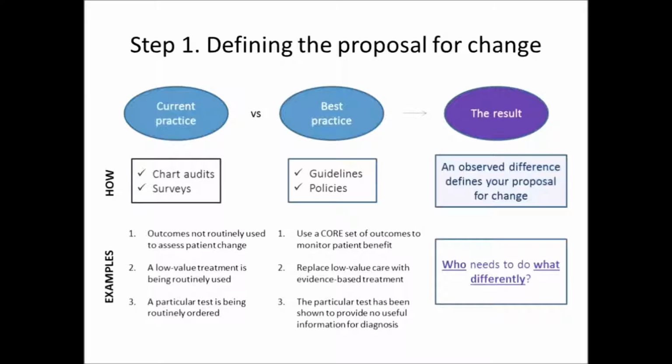And these are the two main methods: chart audits, called clinical audits in some cases, and or using survey techniques. So you want to see what's happening. And then you want to compare that to some form of best practice, whether that be a guideline or a health policy. And in some cases, neither of those exist, so you might be looking at a systematic review of what's known about a particular area.